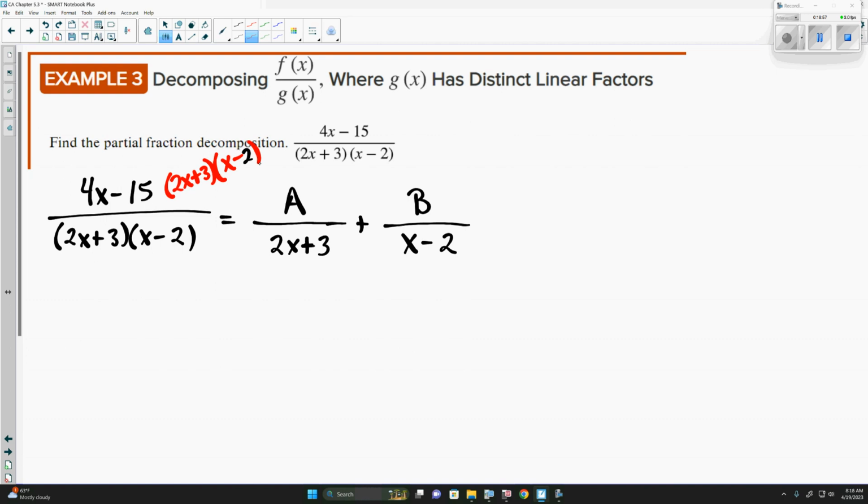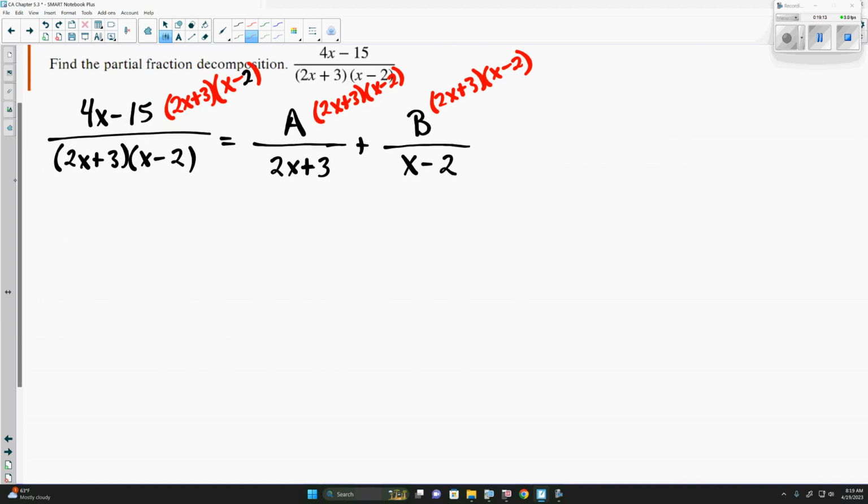So we'll multiply everything by 2x plus 3 and x minus 2. Now the one on the far left, the 2x plus 3, 2x plus 3 cancel. X minus 2, x minus 2 cancel.